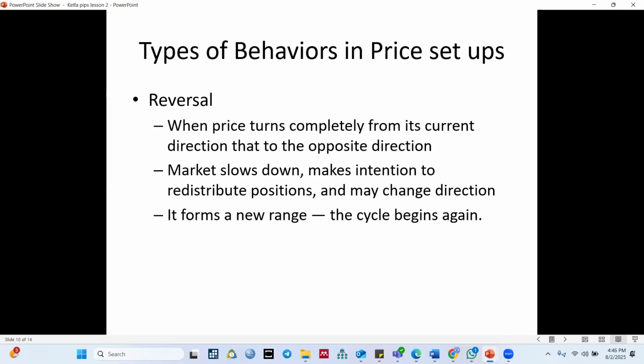It forms a new range, and the cycle begins. The cycle will begin from accumulation, expansion, and then it will go for a pullback, and then it will go for another reversal. So let me show you this last.